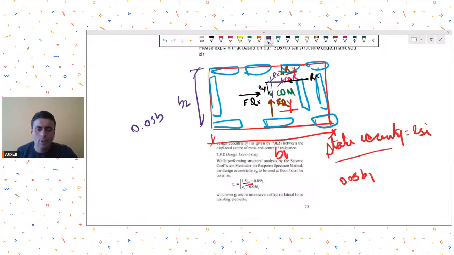And then this 1.5 is the amplification factor mentioned. So then these are the two design eccentricities that you have to work out. So usually all software do this type of operation on their own. You don't have to be very worried about what's happening, but this is the basic of what you need to understand. Okay.